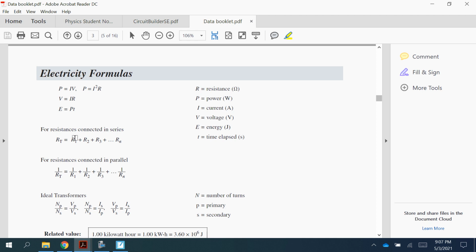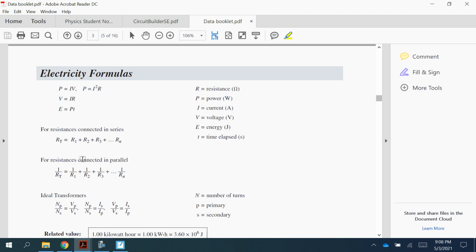So you add whatever your resistance of item 1 is, plus your resistance of item 2, plus your resistance of item 3, however many you have. You might only have 1 or 2. It might not go beyond that, but you simply add the resistances of all of the resistors in series.